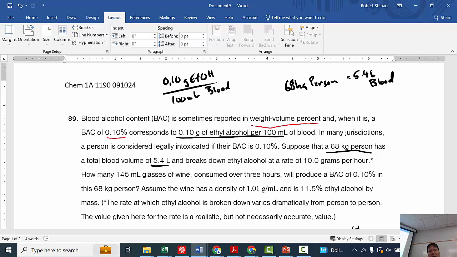And so extensive means it depends on the amount. Kilograms depends on how big the person is. This is more intensive. So for every 68 kilograms, we estimate 5.4 liters of blood. That would be more intensive. And the body breaks down the ethyl alcohol at a rate of 10 grams per hour.